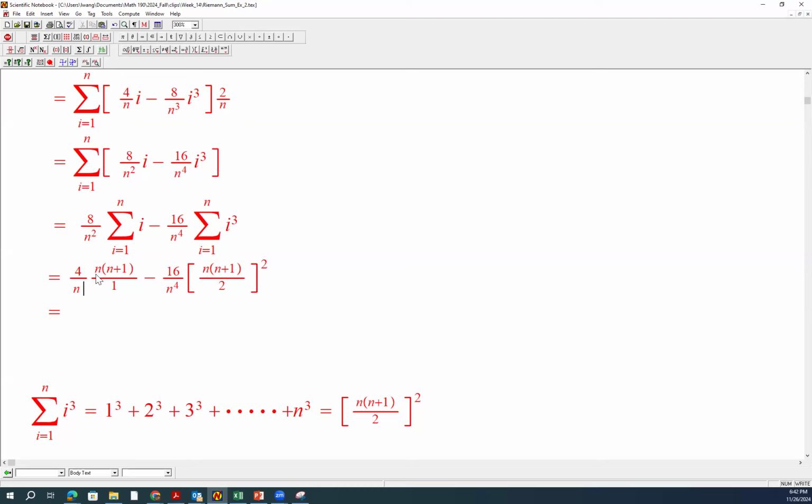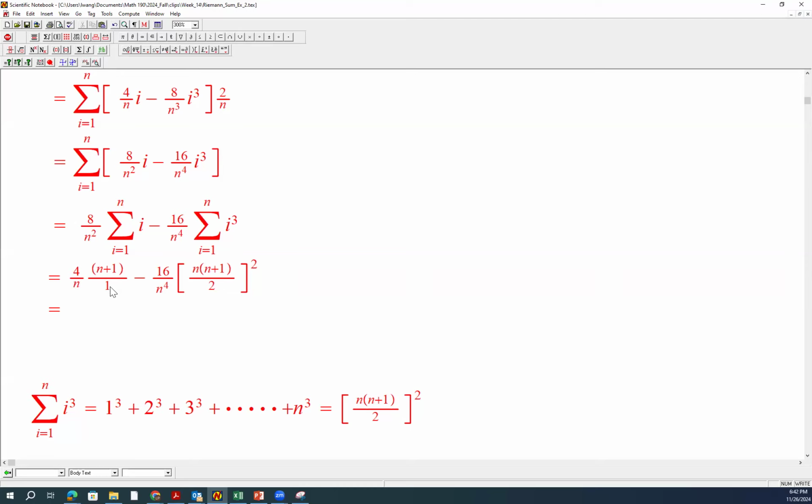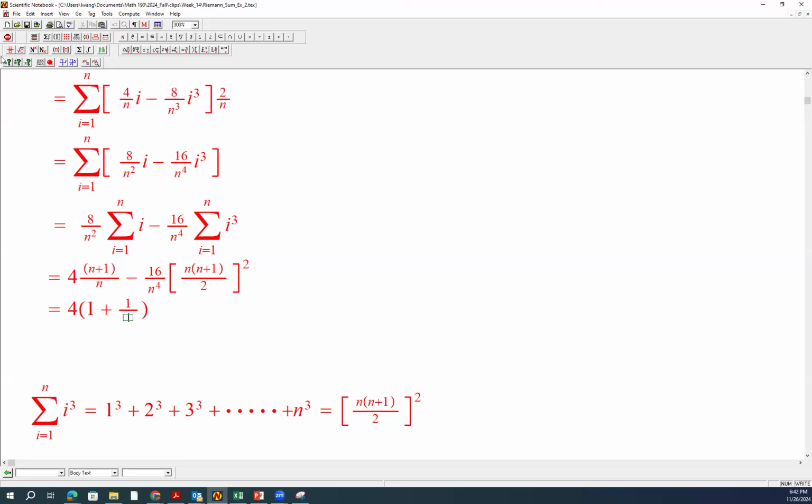One of the n is gone, so this is n, right? So we're going to bring the n under here, and so here we got 4 times 1 plus 1 over n. You know the drill. Similar.